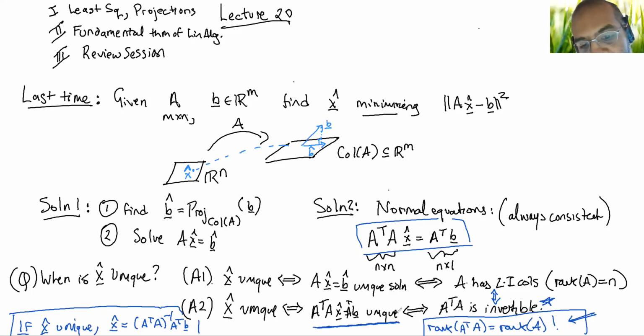It only depends on the matrix of coefficients, which in this case is A transpose A. Uniqueness of a solution means a pivot in every column. But A transpose A is a square matrix, so that's equivalent to being invertible. Does that answer the question?